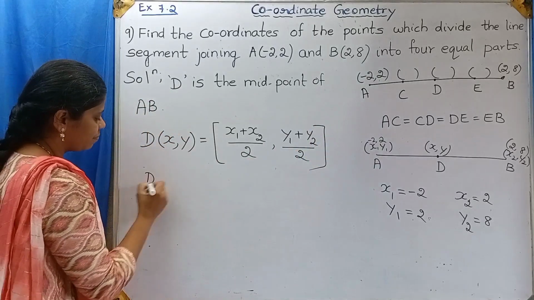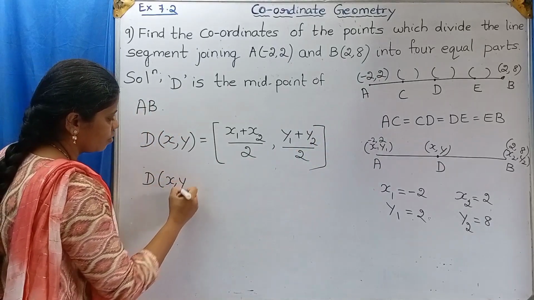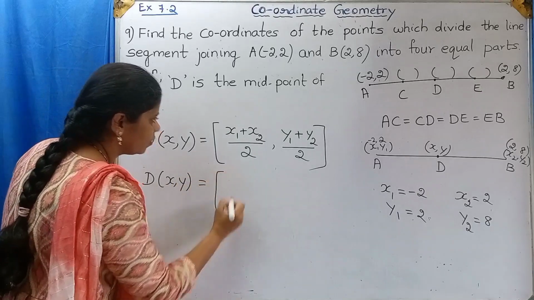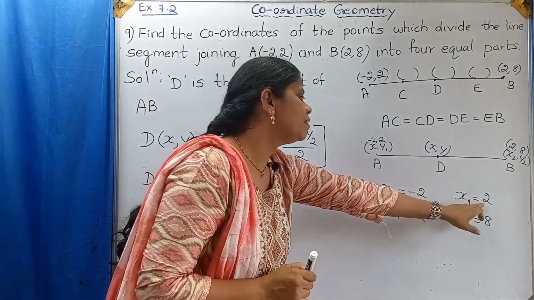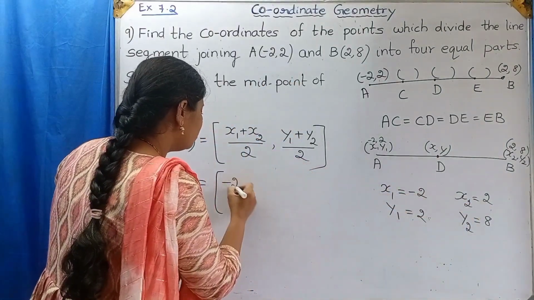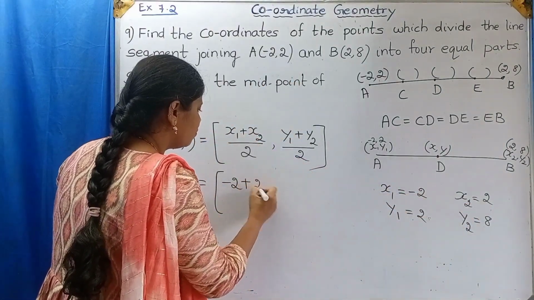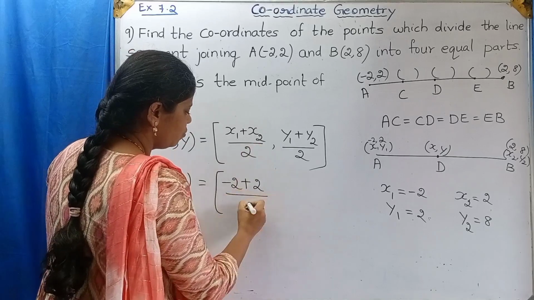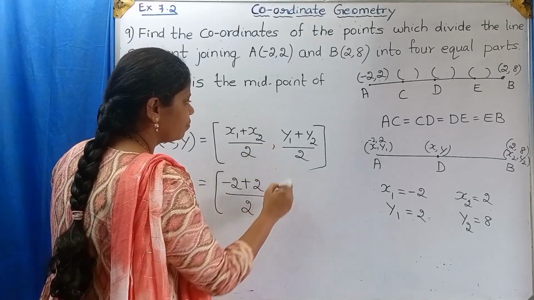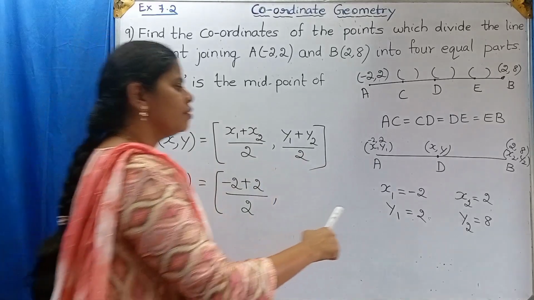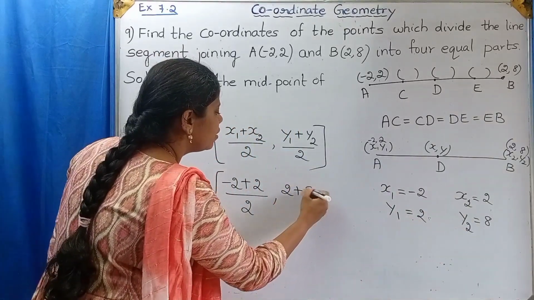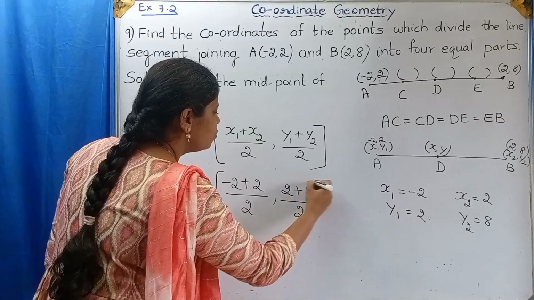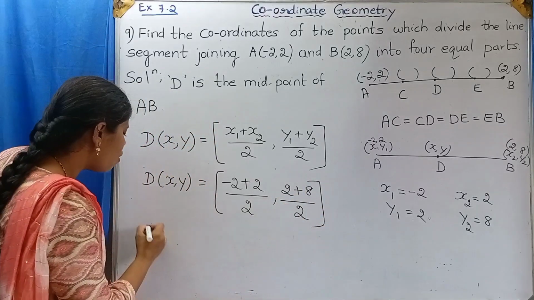D(x, y) is equal to (-2 plus 2) divided by 2, comma, (2 plus 8) divided by 2.